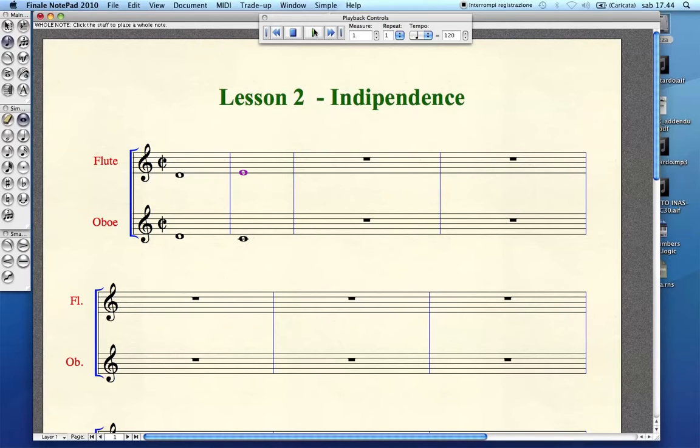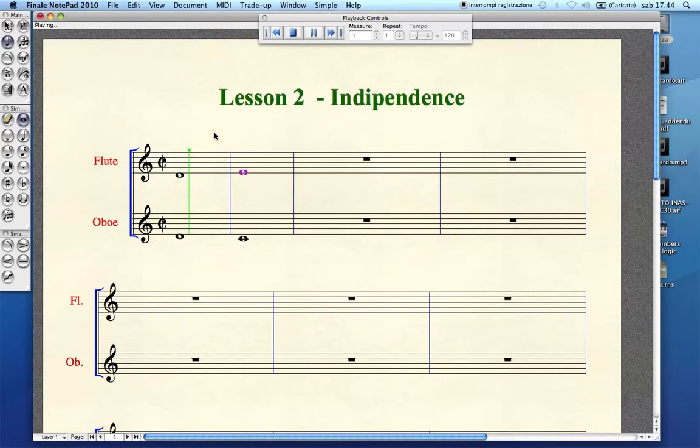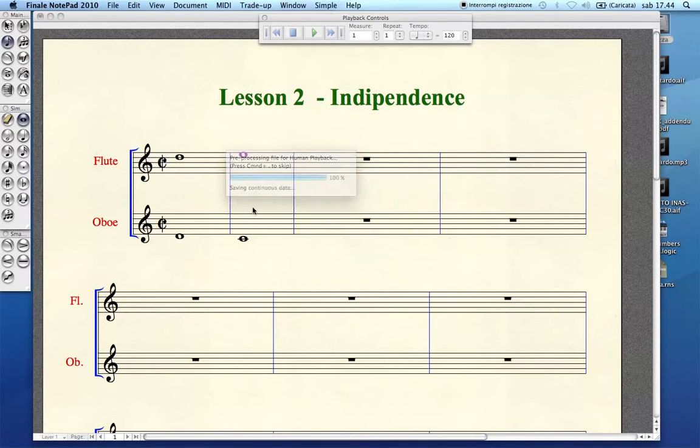Here it's a unison, here it's a third, so everything is fine. Of course, it could be an octave that goes to a tenth. A tenth, it's a third, same thing here.